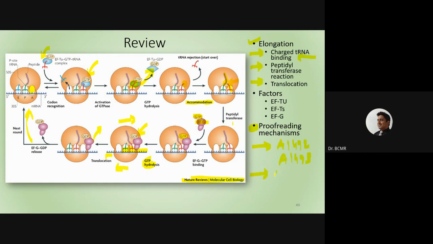The third one is accommodation that we have discussed. If the base pairing between codon and anticodon is not appropriate, then one or more of these mechanisms will eliminate the tRNA. But nevertheless, mistakes do occur. There is a very low degree of translational errors.